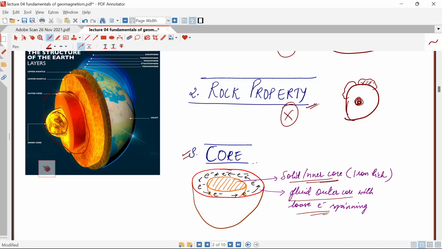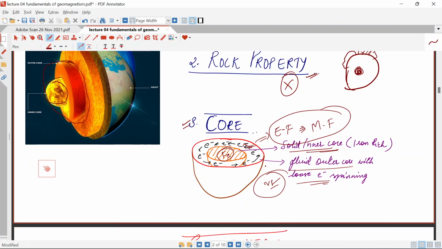Because of its molten state, or its fluidity, these electrons revolve around the solid inner core, which is ferrous rich, that is iron rich. So due to the iron-rich core and the electrons revolving around it, an electric field is generated, and due to the electric field, a magnetic field is generated. So the electric field helps in strengthening the magnetic field. This is partially correct, and we'll see the next things.